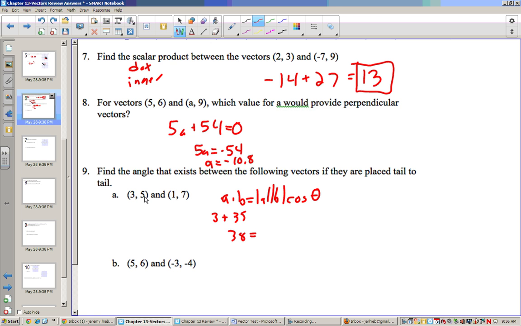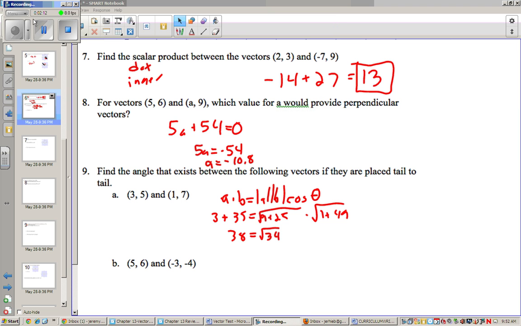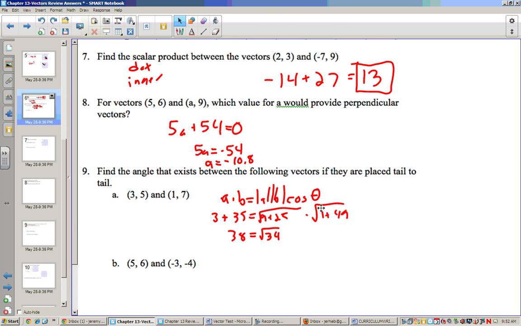Now we need to find the magnitude of a and the magnitude of b. Magnitude of a is going to be 3 squared plus 5 squared, which is 9 plus 25. We take the square root of that, which is root 34. We multiply that times the magnitude of b, which is the square root of 1 plus 49. Now this would be the square root of 50, times cosine of theta.